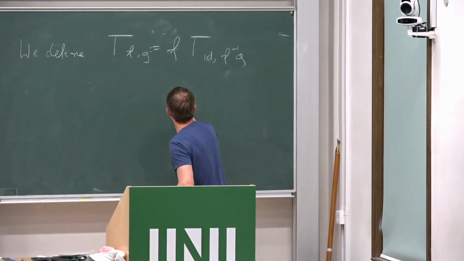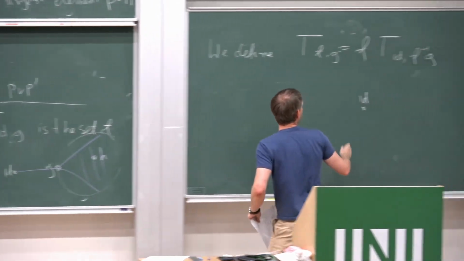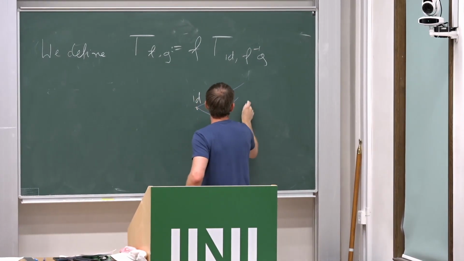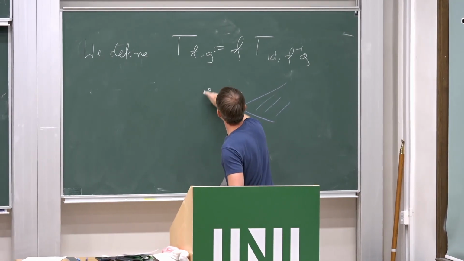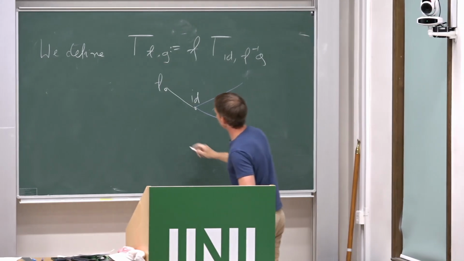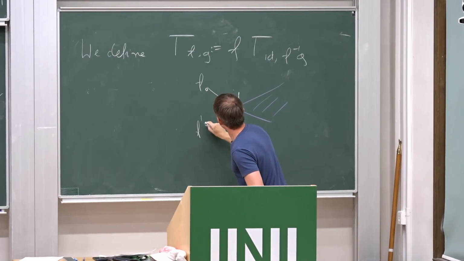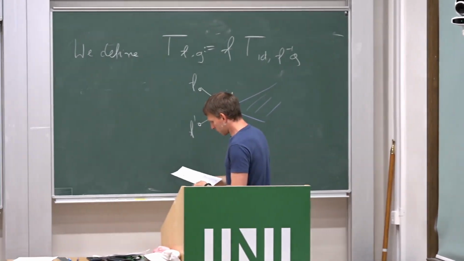So now we look at these purple cones that are based at identity, and we ask what are the elements F that give rise to this cone? Maybe there are more elements, say F and F prime, that give rise to the same cone. So we consider them equivalent.